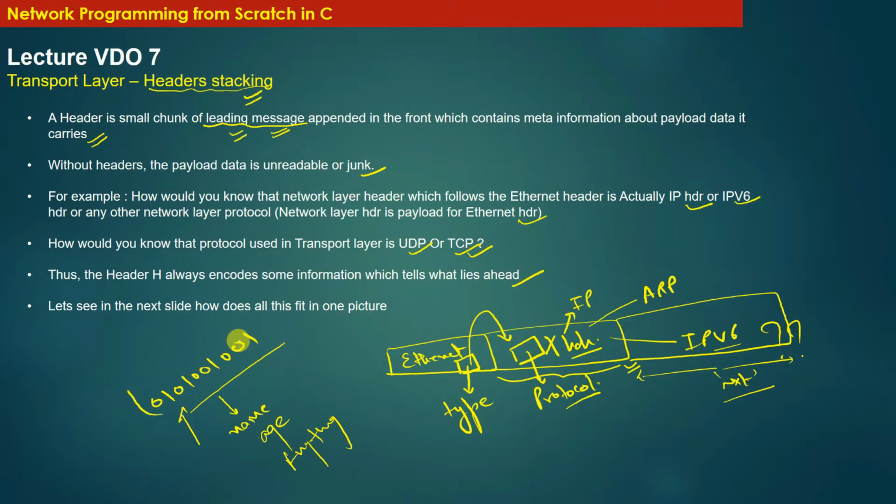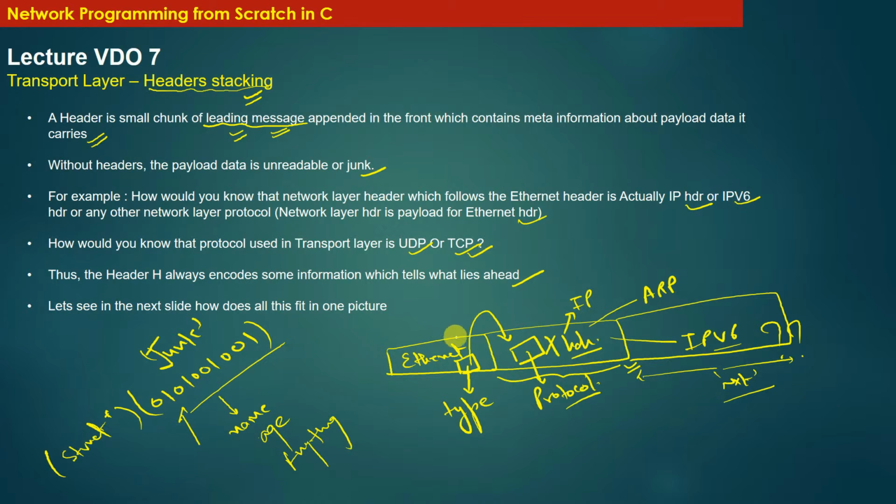Unless I tell you how to read these bits of message, it is junk to you. Unless I tell you how to typecast this message in C, you will not be able to read these bits and bytes. So it will be junk to you.